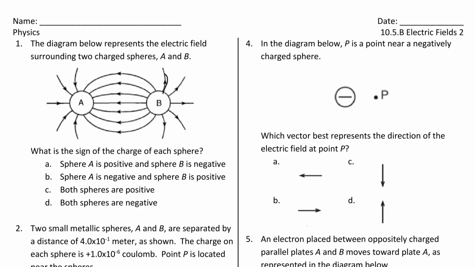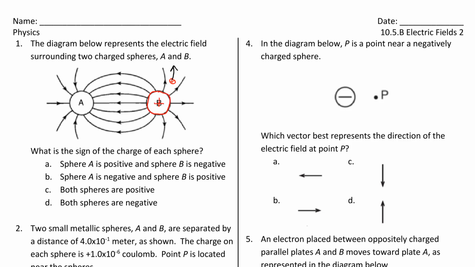So the lines are coming out of B. If you put a positive test charge here, it's going to go in this direction, away from it. What does that tell you about B? It's going to be repelled, right? So B is a positive charge.